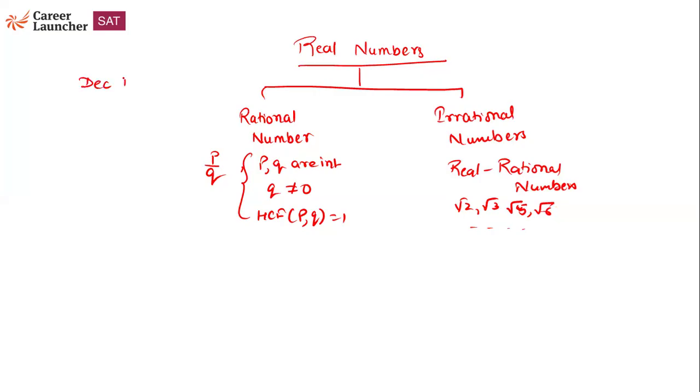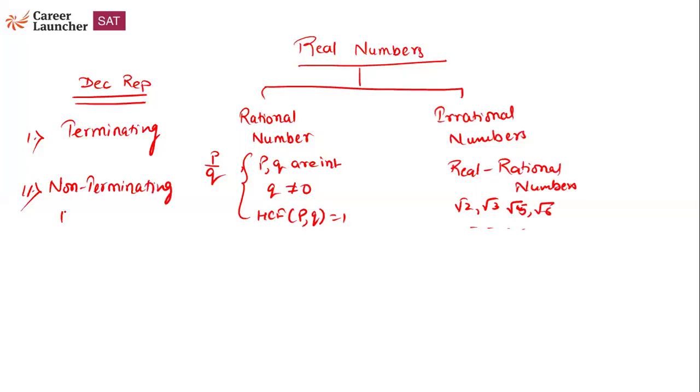The decimal representation of rational numbers are one of these two types. Either they are terminating, or if they are non-terminating, then they repeat.